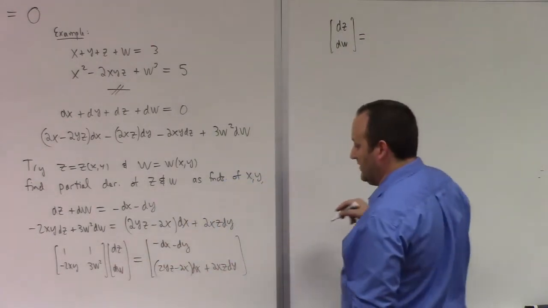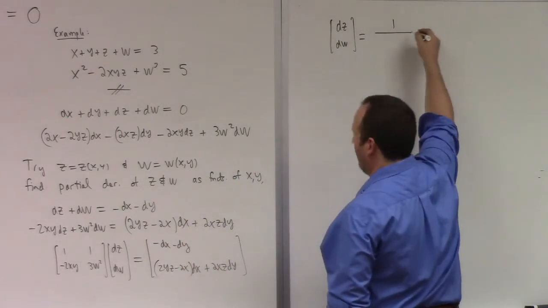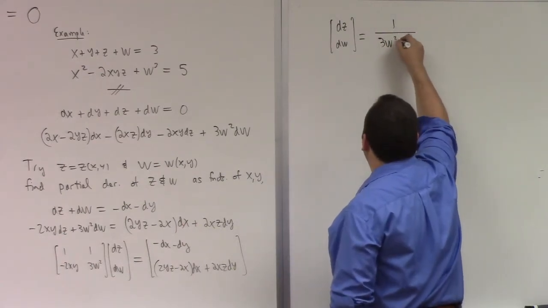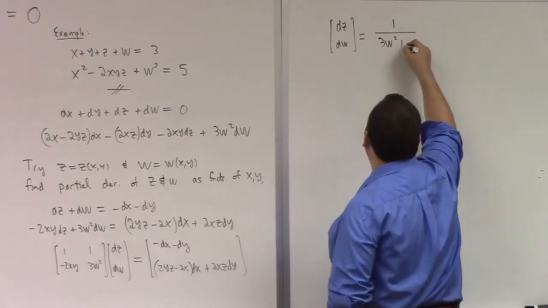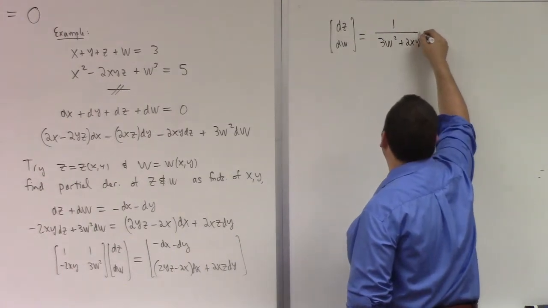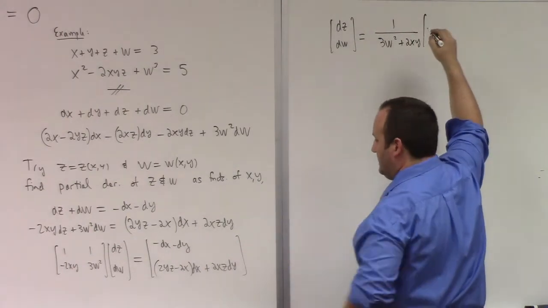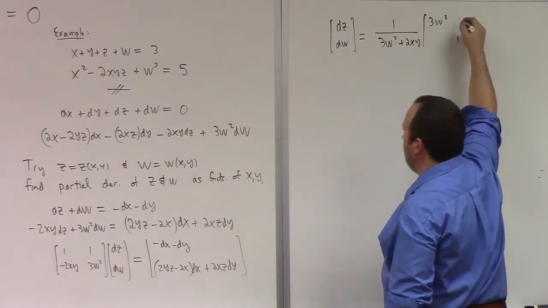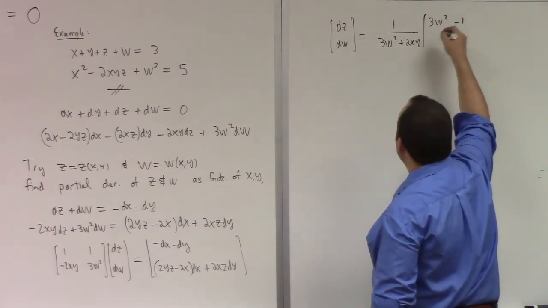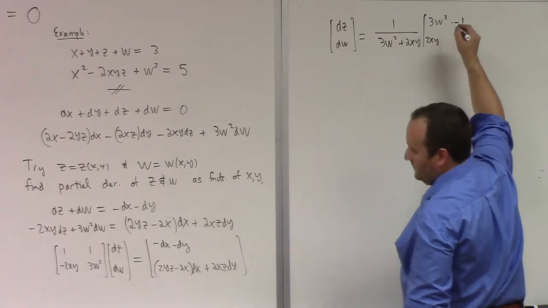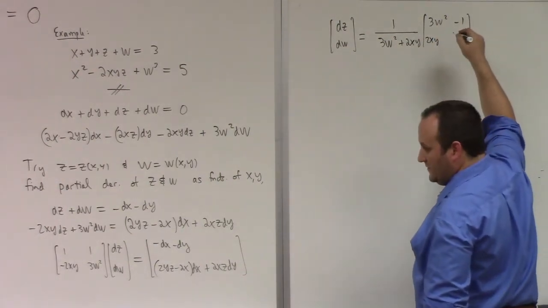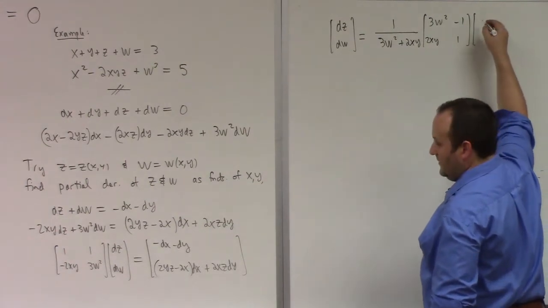What's the inverse of that 2 by 2 matrix? So we're looking at a 3w squared plus 2xy. That's the determinant of that 2 by 2 matrix, right? Flip the diagonals on that guy. Put minuses on the off diagonal. There you go. There's your classical adjoint transpose inverse formula for the 2 by 2 case. So then we got to multiply that by this monstrosity.